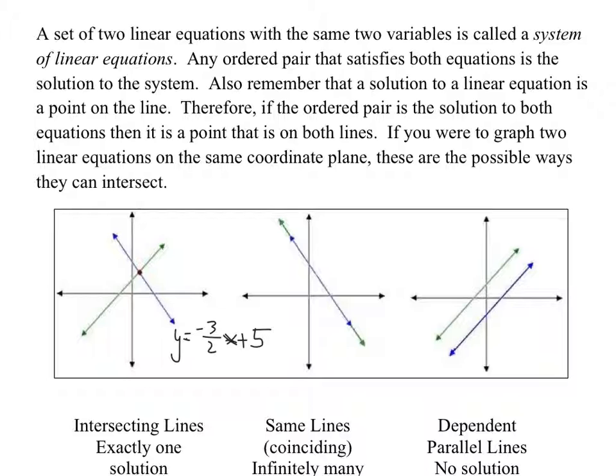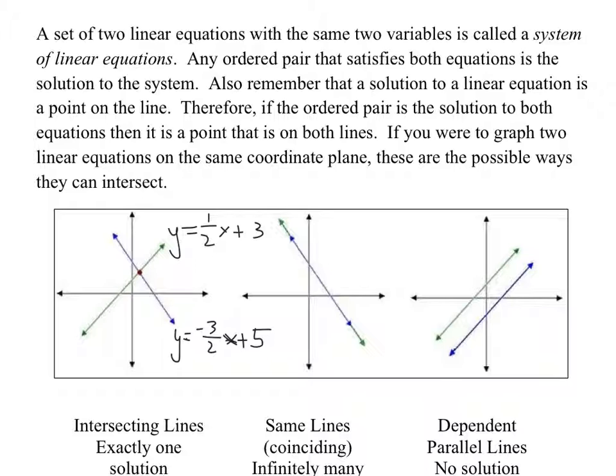And the green line is y equals, no, they're not perpendicular. If they were, I would use 2/3. Let's say this is 1/2 x plus 3. Those two lines are completely different. They are not the same line. We can clearly see that. We also know that they're not parallel. How come? Different slopes. So as a result, they must intersect at some point.